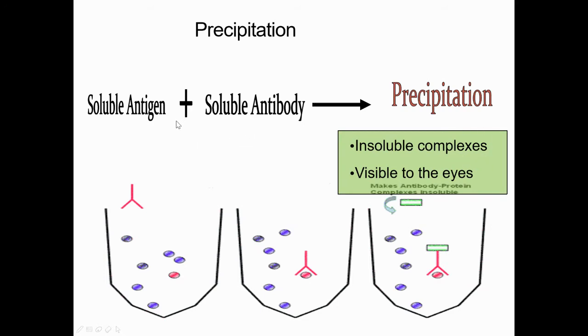This is a soluble antigen, and this is a soluble antibody. Whenever the antigen combines with the antibody, it forms the antigen-antibody complex. Both are soluble, but when they combine together, they form an insoluble precipitate. What happens when this insoluble precipitation takes place?